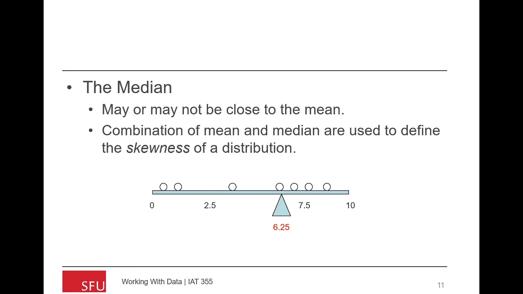And if the mean and the median are significantly different from each other, by a large enough factor considering the entire range of values in the data collection, the combination of median and mean can be used to determine if there's some kind of skewness or one-sidedness to the distribution.